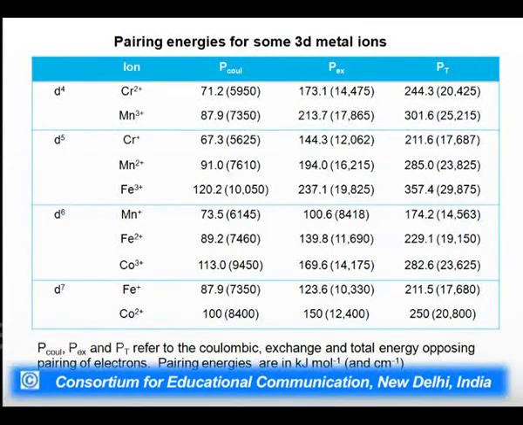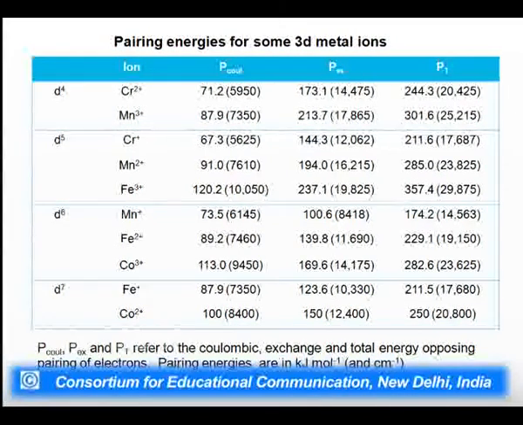centimeter inverse. So, if we look at the d4 system of chromium 2 plus, we see that the total pairing energy, 244.3 kilojoules per mole, is a sum of the Coulombic repulsion energy, which is 71.2, and the exchange energy, which is 173.1. For chromium 3 plus, we can see that the exchange energy is less than that of chromium 2 plus.